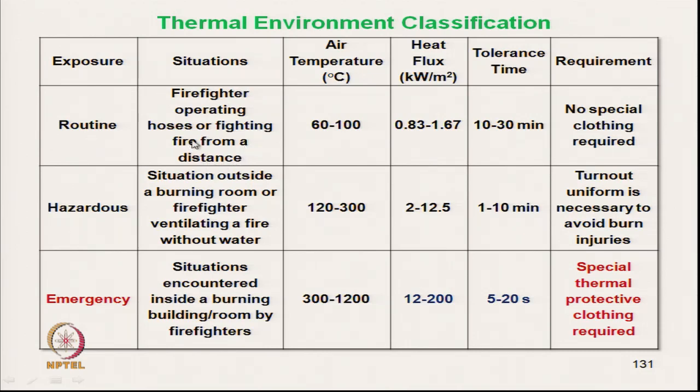When the operator is fighting fire from a certain distance, where the threat is not that severe, the air temperature is not that high, 60 to 100, which is called routine exposure.